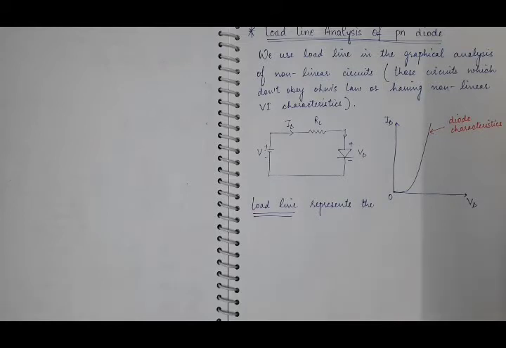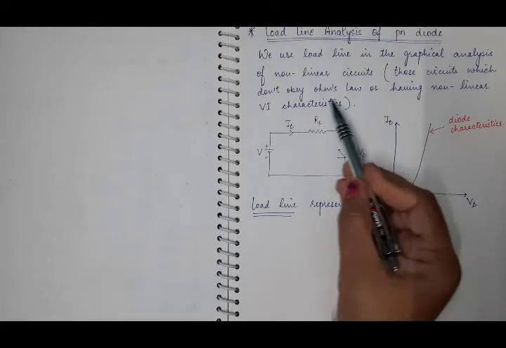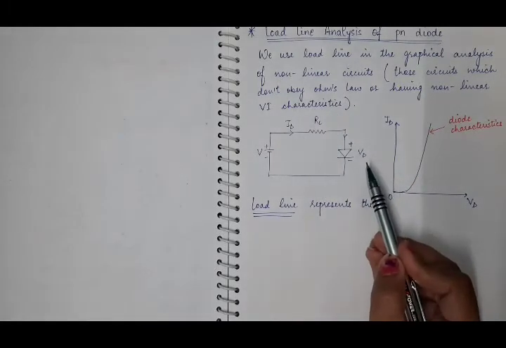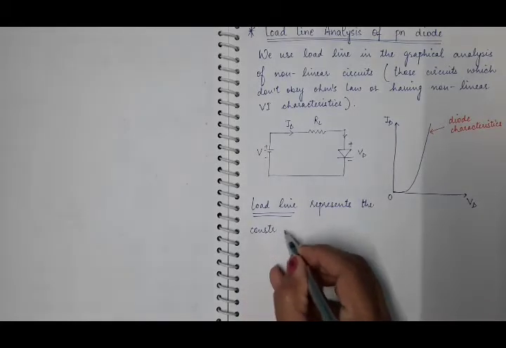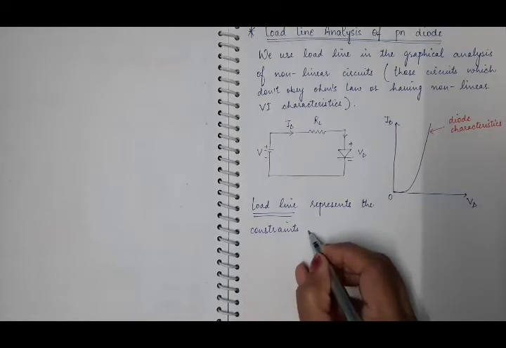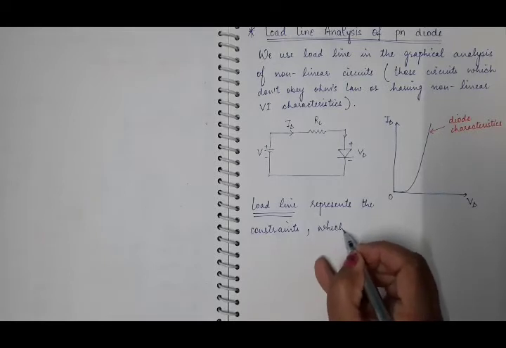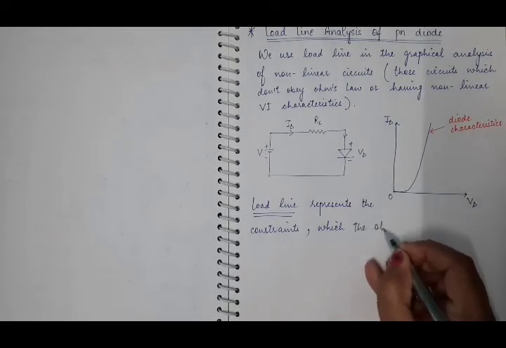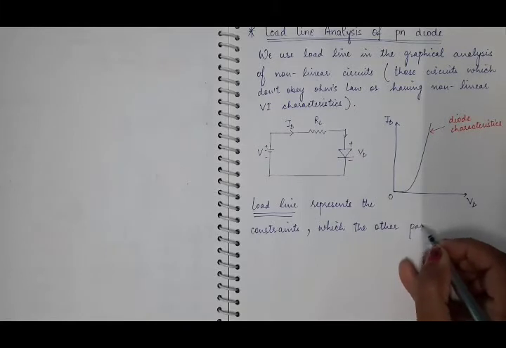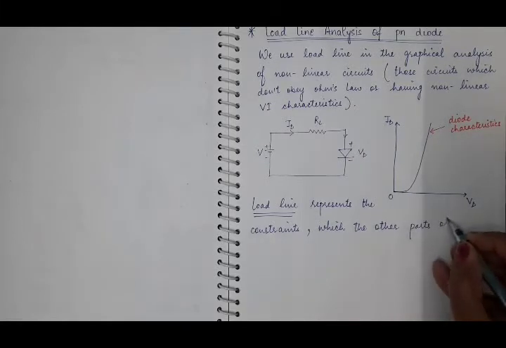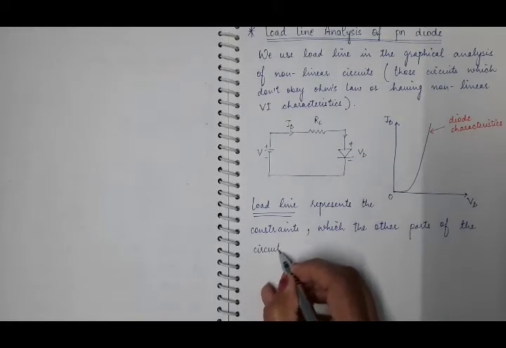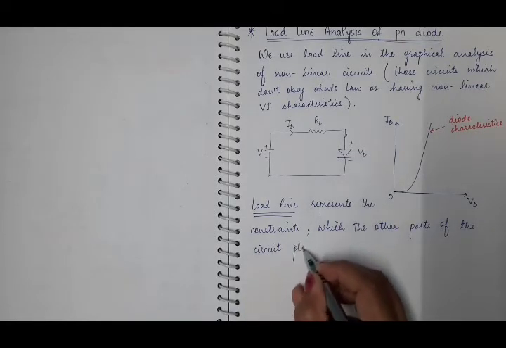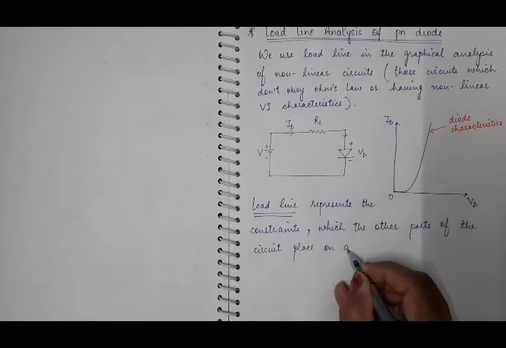Load line actually represents the conditions or the constraints which all the other parts of the circuit place on the diode.